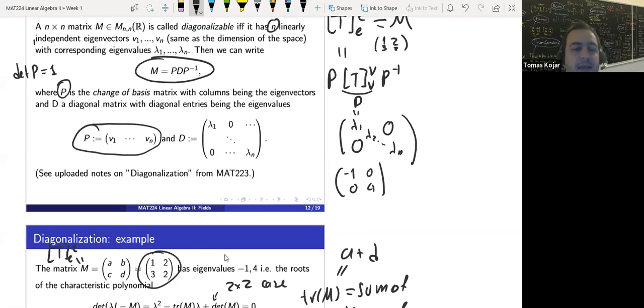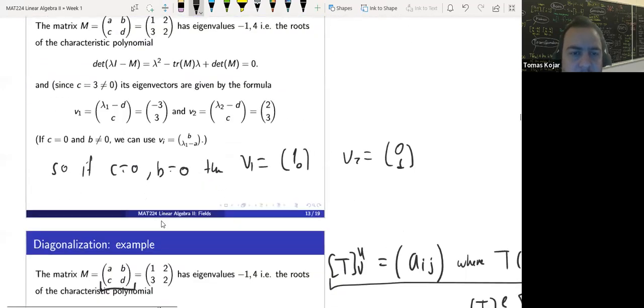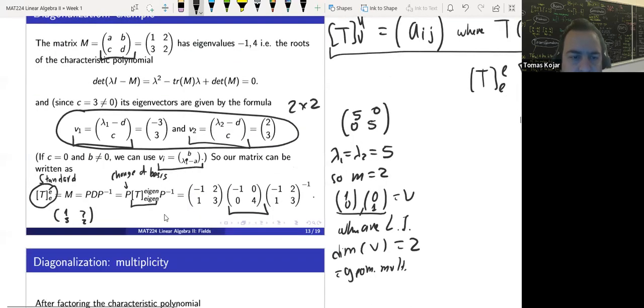You take the eigenvectors and put them as columns. So I should have written it here. Let me write it now. Oh, I did write it. So this is P. You see? V1 is the first column and V2 is the second column.